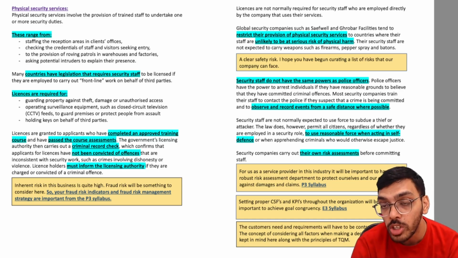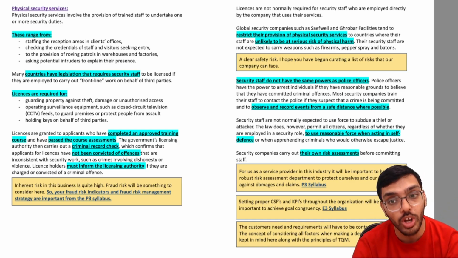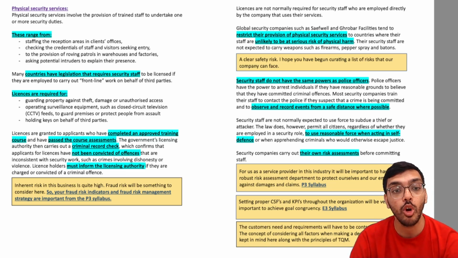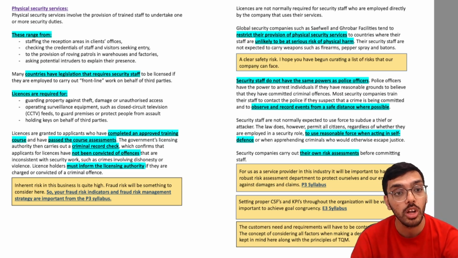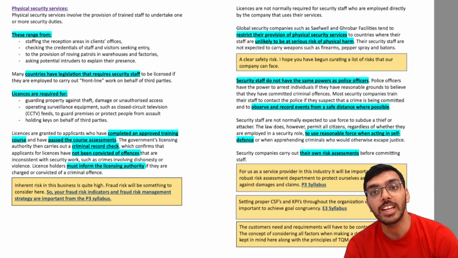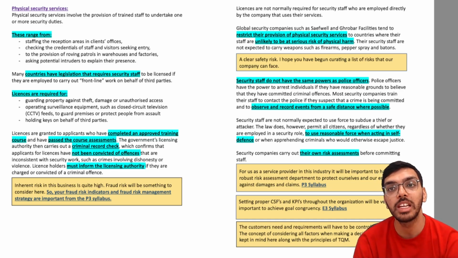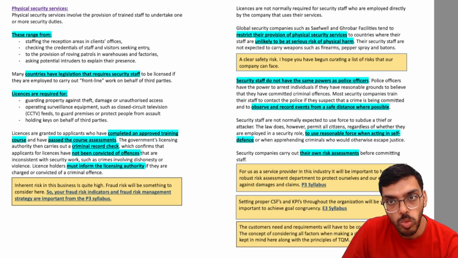Like I said, if they don't and it goes through, if they become part of your organization because you don't have strong internal controls, there is strong risk of fraud, there is strong risk of malfeasance, strong risk of something going wrong, which will cost your company dearly. So licenses, this is your P3 syllabus. Licenses are not normally required for security staff who are employed directly by the company that uses their services.